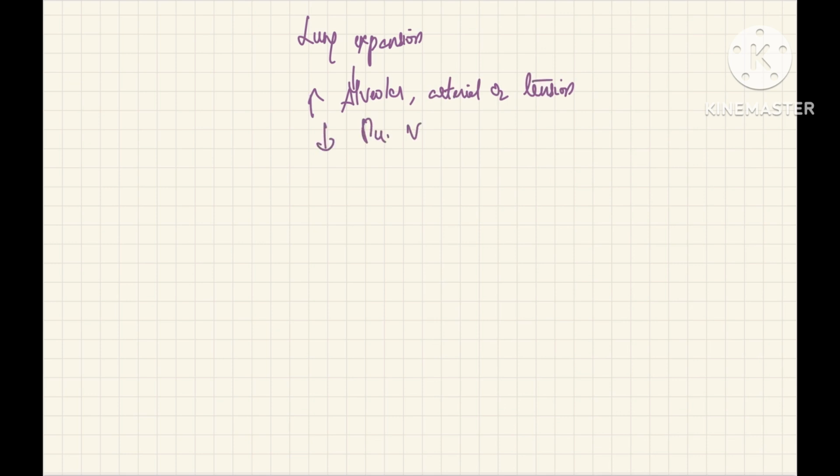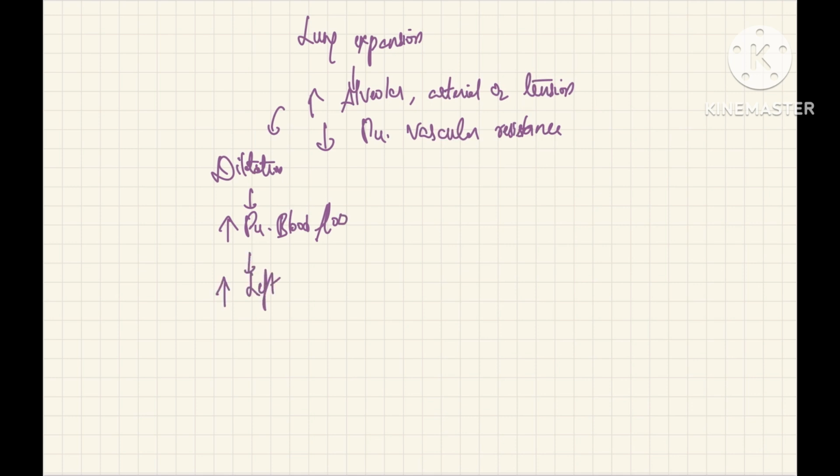So, with lung expansion, there will be increased alveolar arterial oxygen tension, and decreased pulmonary vascular resistance. This causes pulmonary arterial dilatation, which causes increased pulmonary blood flow and increased left heart flows, that is, increased left atrial pressures.